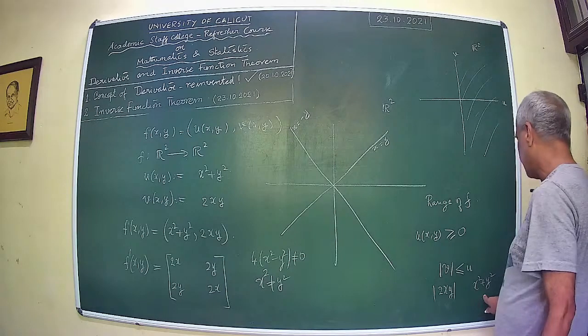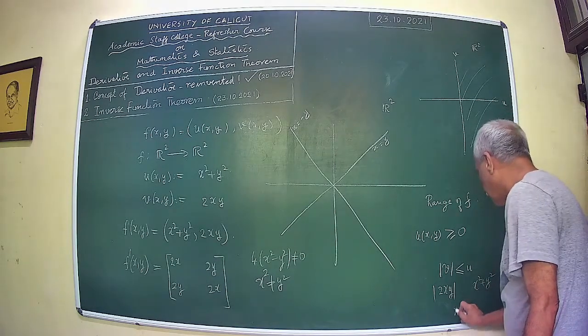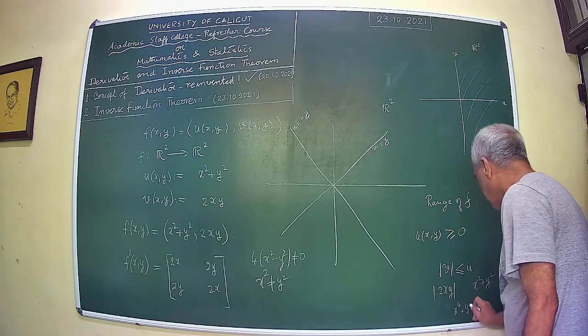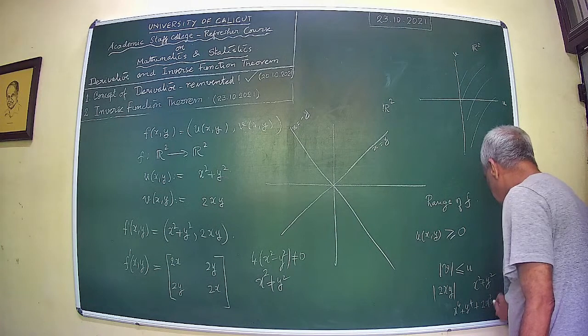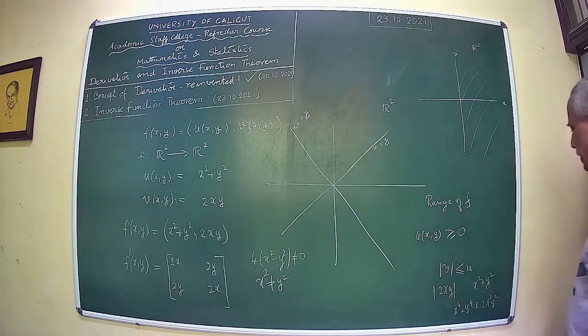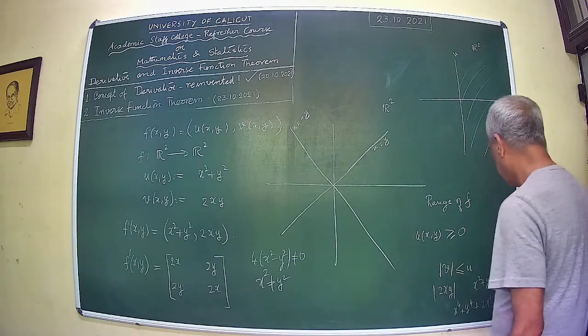Now therefore their squares you take. So you see that you get x to the power 4 plus 2x square y square on this side. On this side it is going to be 4x square y square.